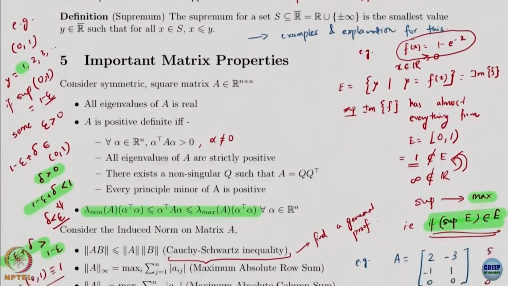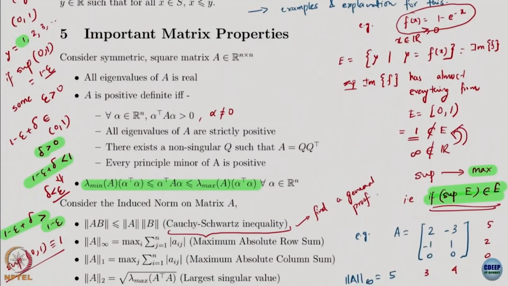So, we talk about a few matrix properties also. We use a lot of these symmetric square matrices to design Lyapunov functions and so forth, so we like to know some properties of these. First, all eigenvalues of symmetric matrices are real. Most of you should know all of this.